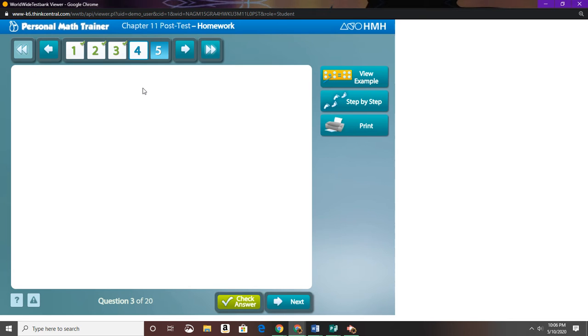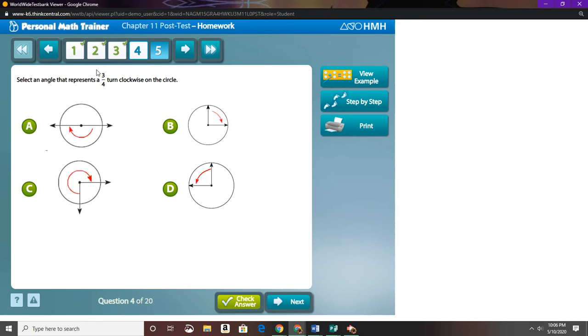Question 4, 2 people missed. Okay. We are selecting an angle that represents a 3/4 clockwise turn. So clockwise means we need to be going in the direction of the clock, and that means we are getting rid of angle D because it is going counterclockwise. Okay.